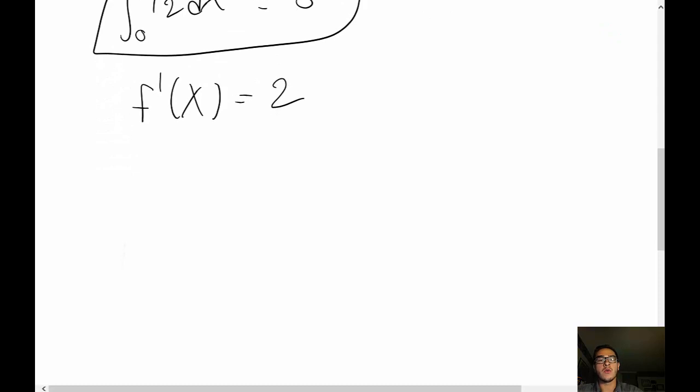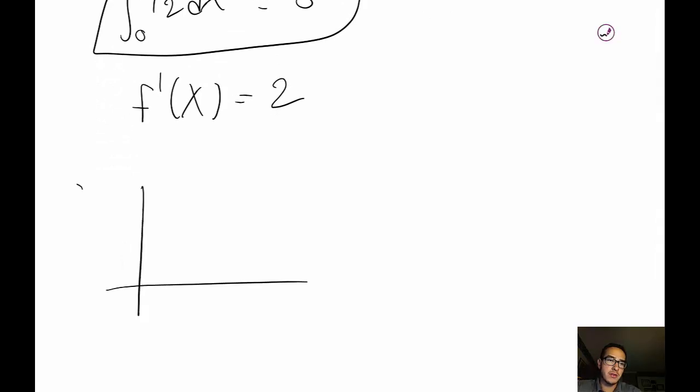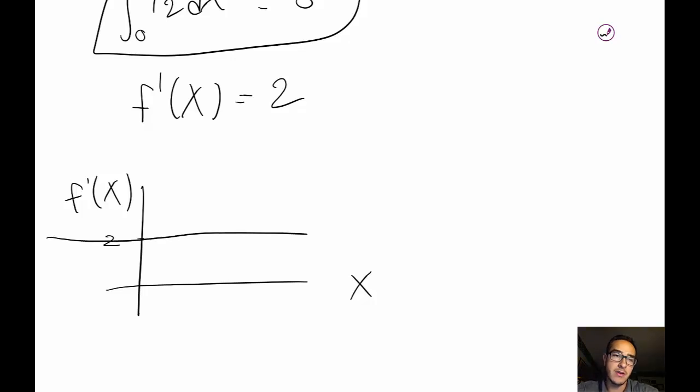And if we call this y-axis f prime of x, and we call this the x-axis, we know that f prime of x equals 2. So that's going to be a straight line at f prime of x equal to 2.